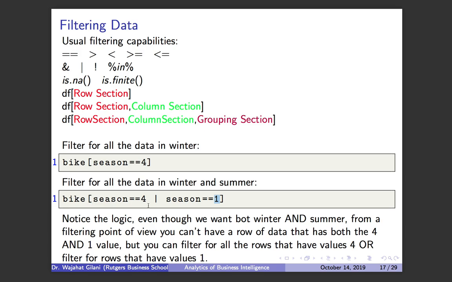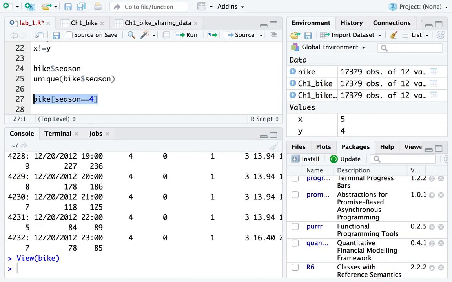And that actually aligns exactly with what we're saying with our words. So give me all the rows for both winter and summer. All right, and you guys can see this.